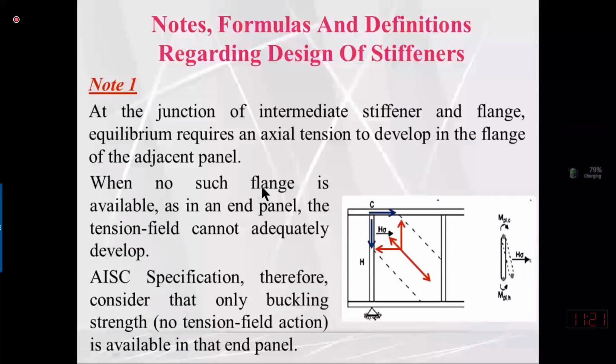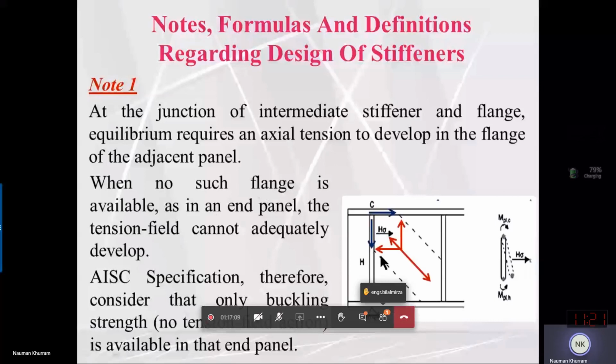So tension field action can only develop when the flange is sufficiently thick and we are providing intermediate stiffeners. If the flange is unable to balance the horizontal component of this tensile force, then tension field action will not develop. So the AISC specification considers that only buckling strength is available without tension field action.